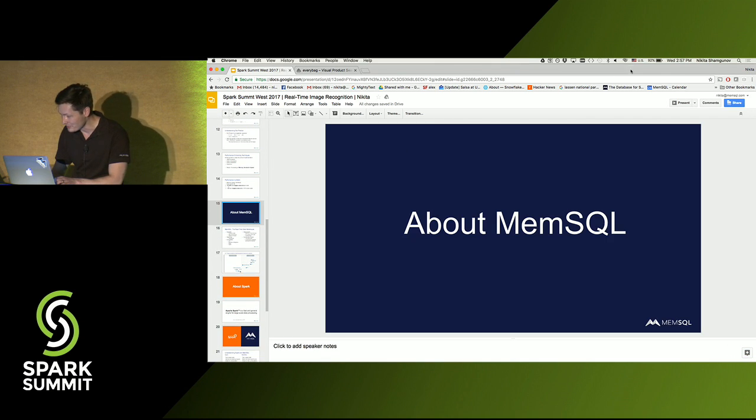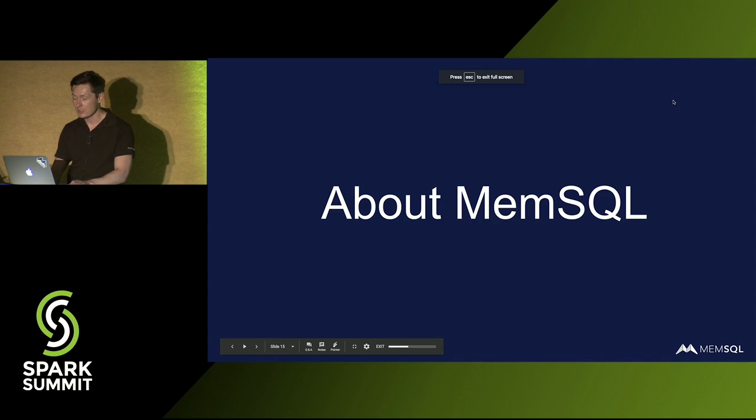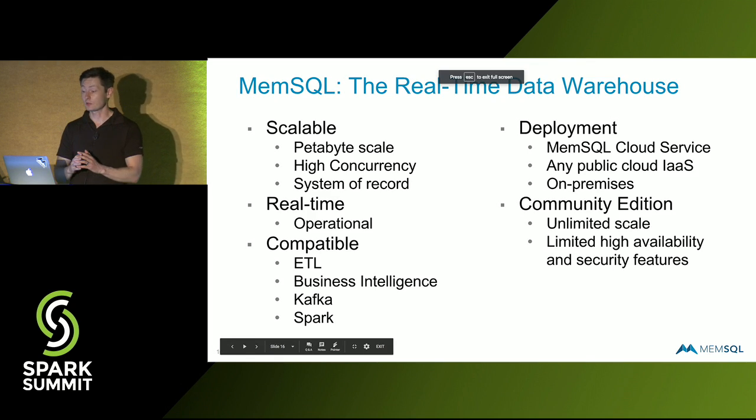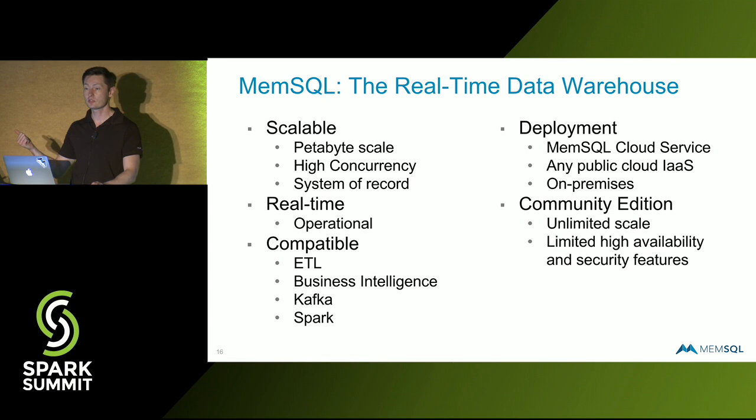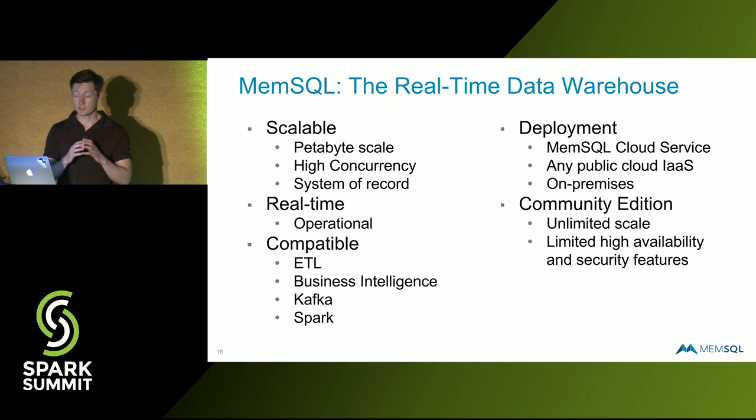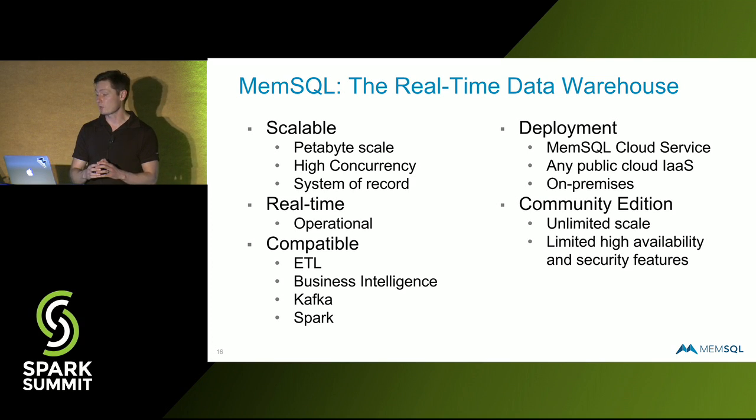So now let's talk about MemSQL. So what is MemSQL, right? MemSQL is a real-time data warehouse. It gives you storage, it gives you compute, it gives you petabyte scale, and it gives you world-class SQL query execution. It supports high concurrency, it supports system of record, it runs on premises, it runs in the cloud.